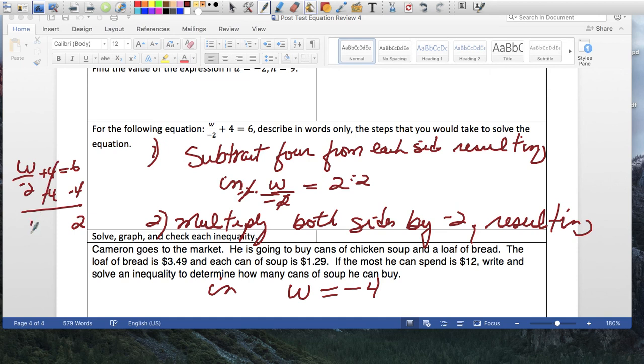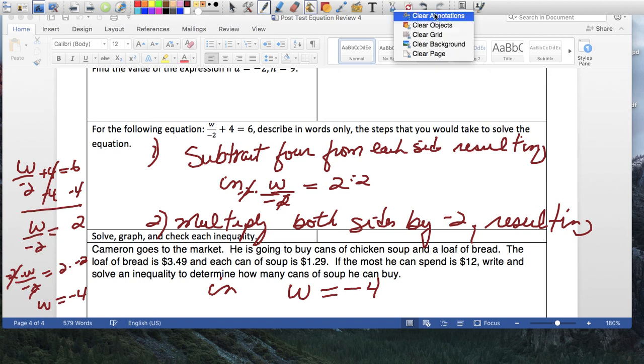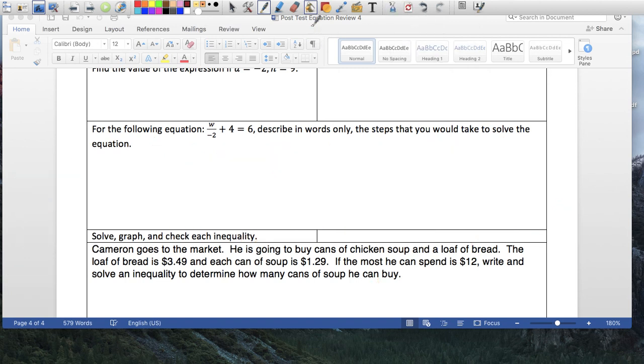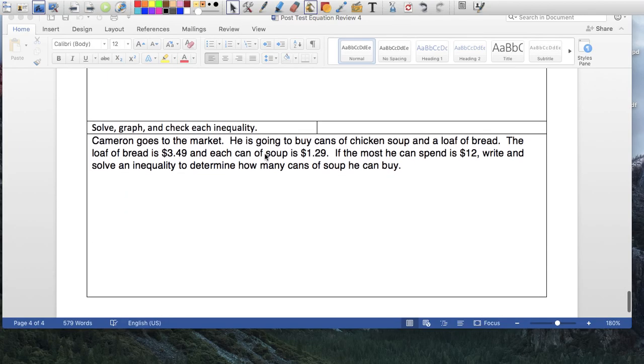And then I can write what I just did. So if you can't see it visually, do the work on the side, and then you can just follow what you did and write it over here, which is what I want you to do.